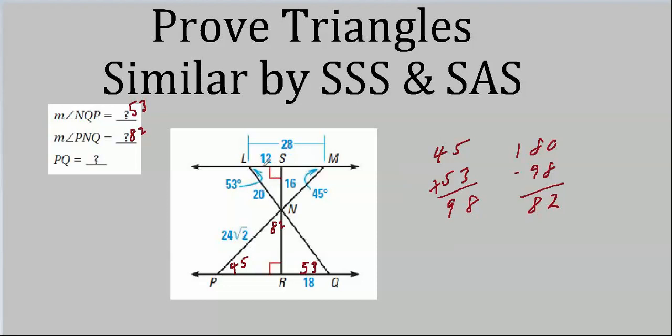For instance, this side here, PN and MN has the same ratio as NQ and LN. The problem is we don't have this length to compare to take a ratio of this to this. We don't have this length to take a ratio of this to this. And of course we don't have this length.